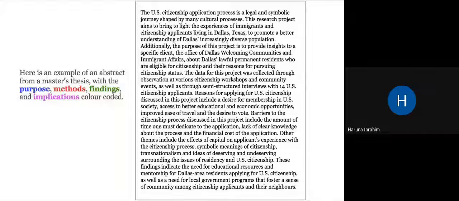Additionally, the purpose of this project is to provide insights to specific clients, the Office of Dallas Welcoming Communities and Immigrant Affairs, about Dallas lawful permanent residents who are eligible for citizenship and their reason for pursuing citizenship status. All right, so you're saying that is the first part of the abstract, the purpose. That's correct.